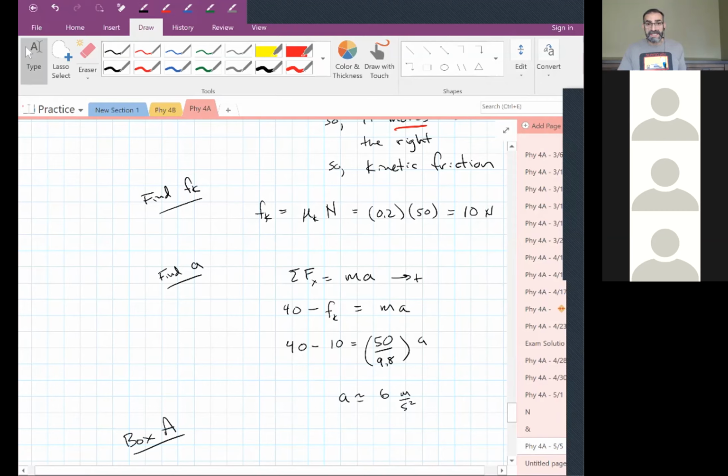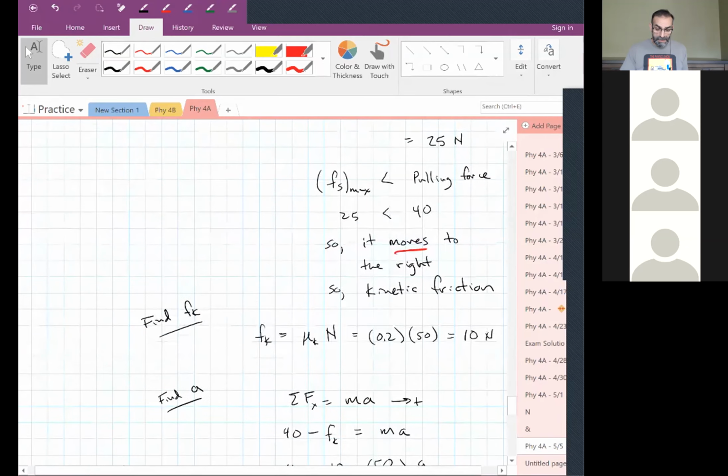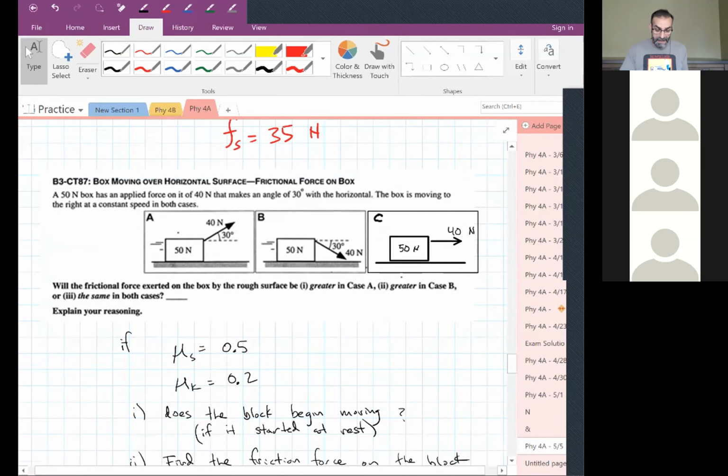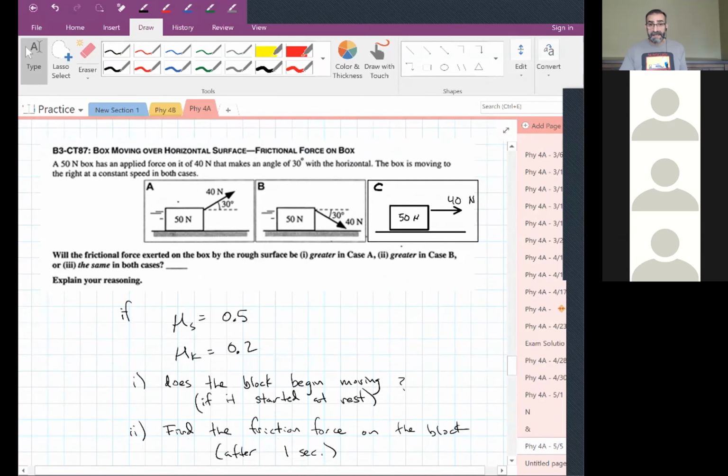So go ahead, follow the same thought process and work your way through for box A. Box A is that one. The tension in the string, or our pulling force, is angled up at a 30-degree angle.